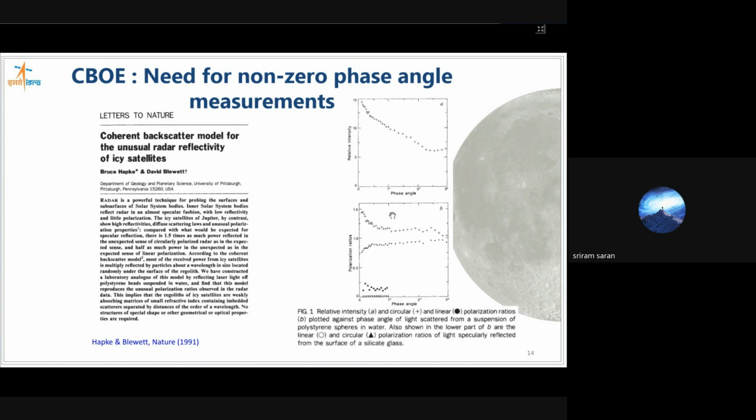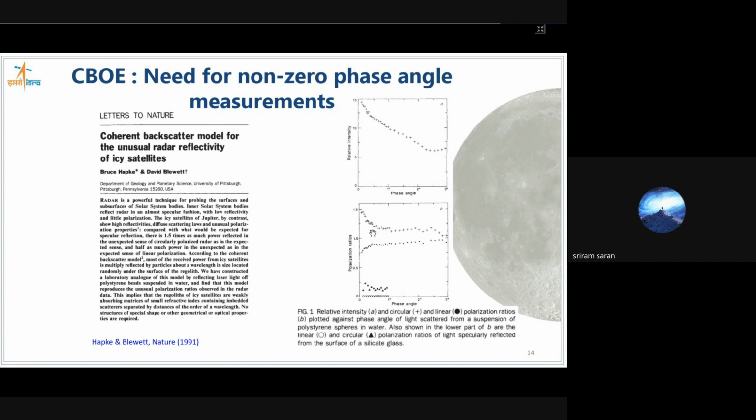So the figure on the bottom right is again an example to show that the ice analog is clearly separated from other materials. So in this experiment, they used the surface of a silicate glass to separate out these measurements.